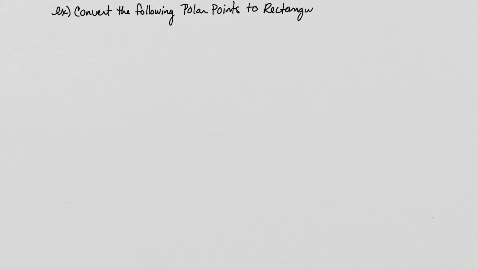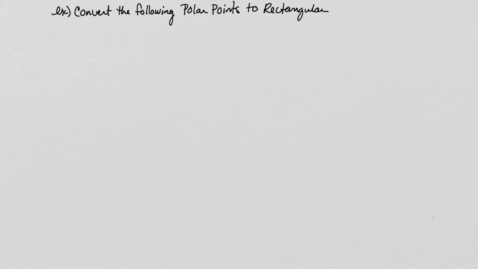So now we're going to go the other way. So we're going to convert the following polar points to either rectangular. You might sometimes see Alex write rectangular or Cartesian.